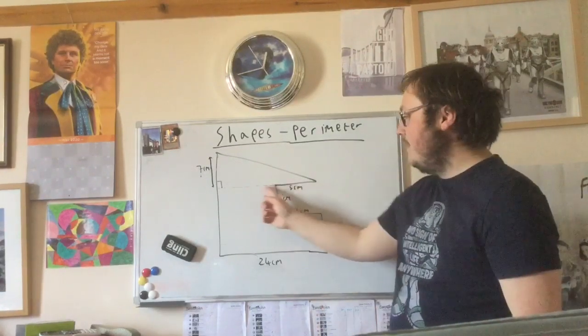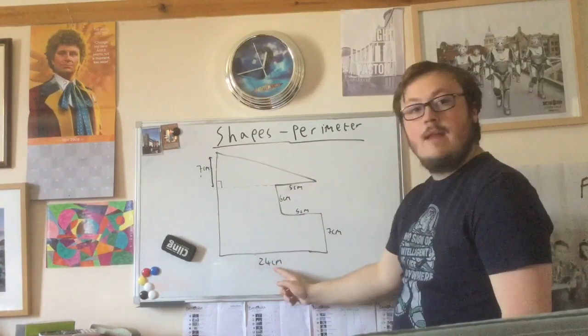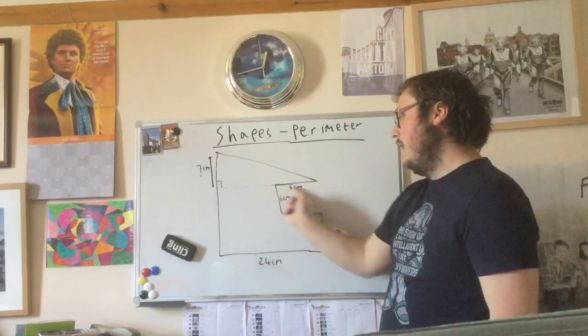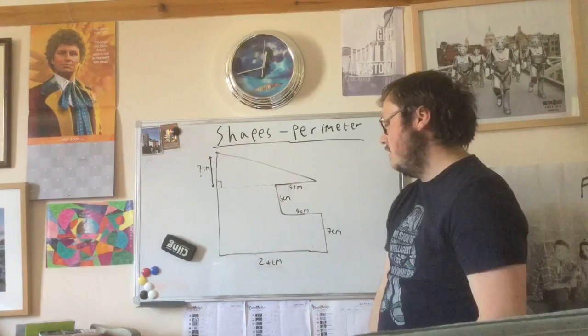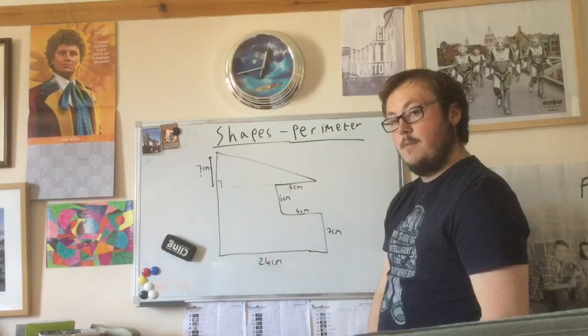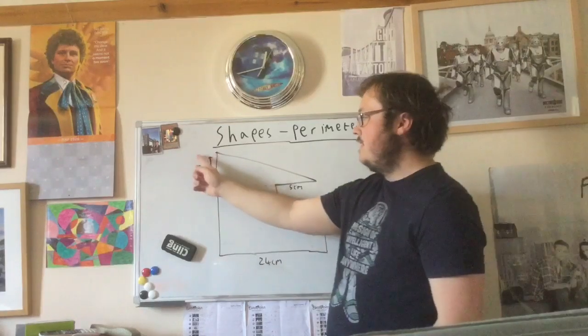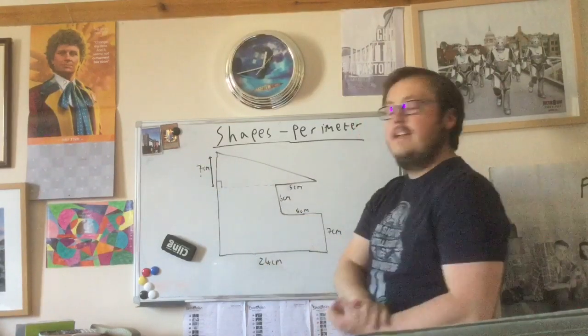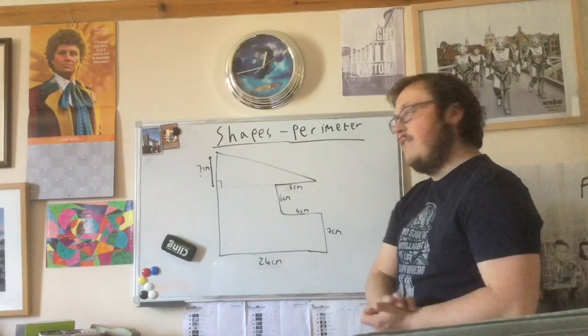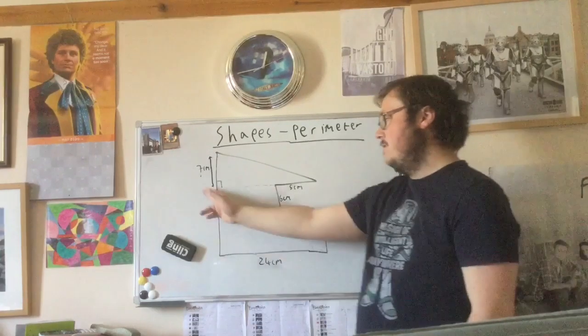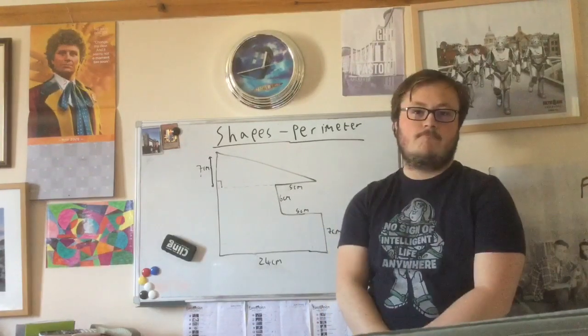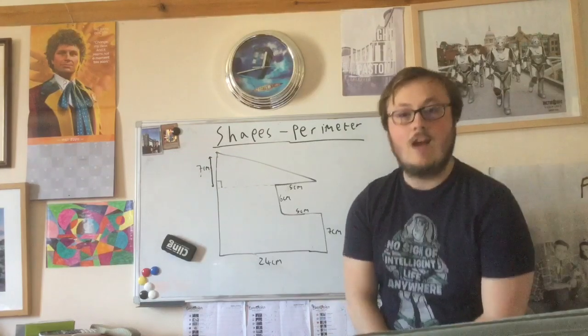The length of this full line is the exact same length as this line, so we know this will all make 24 centimetres. Okay? This part of the triangle is 7 centimetres. Have I given you any more information to find the rest of this line? Good luck. Hope you do well.